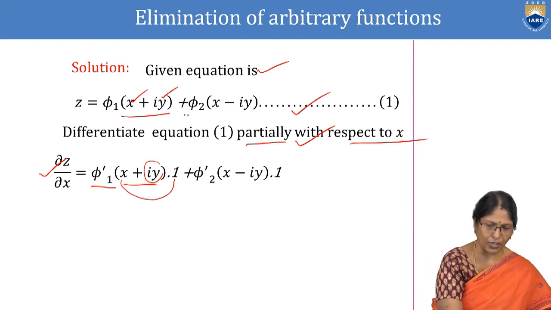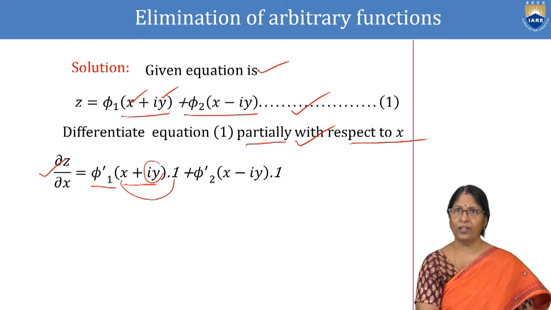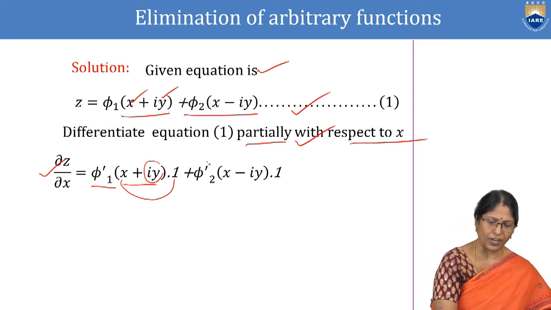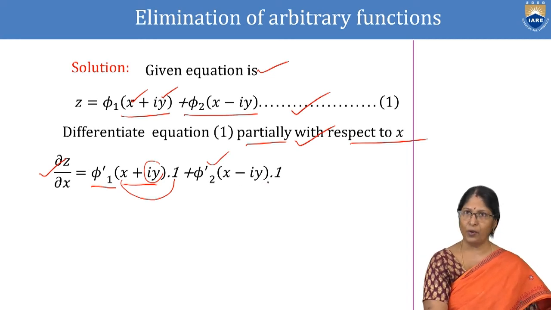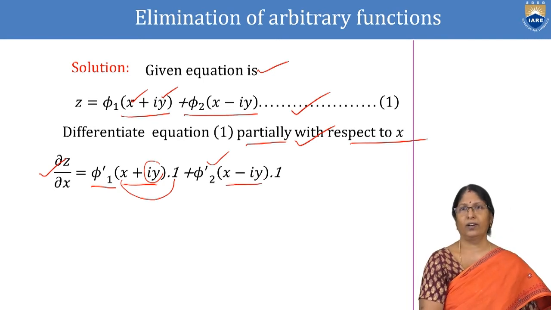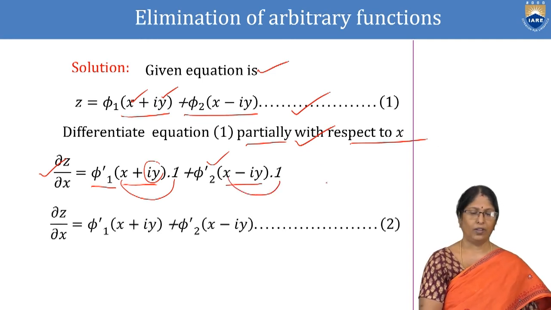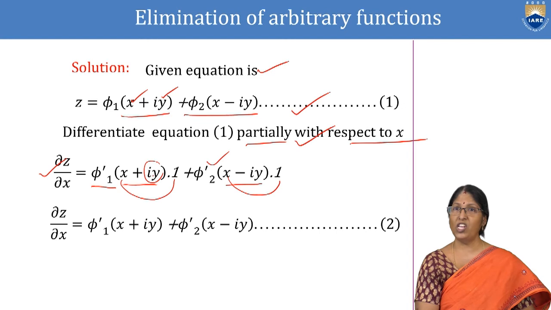Next, coming to pi 2 of x minus iy, the differentiation is pi 2 dash of x minus iy. Again this x minus iy is differentiated, and the x differentiation is 1. So we simplified it: pi 1 dash of x plus iy into 1.